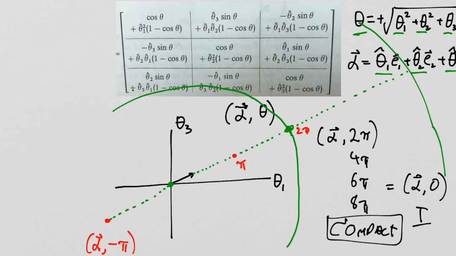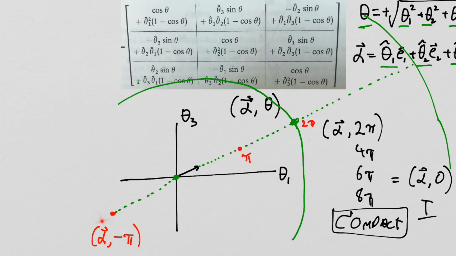Remember, the way we're doing this is this notation refers to the actual matrix element, not this point in the parameter space, although it's obviously the same thing. So what if I do negative pi and what if I do pi? What is important is if I put negative pi up here, the cosines don't change, right? Because they are symmetric. Cosine of pi and cosine of negative pi are the same thing. So none of the diagonal terms change at all.